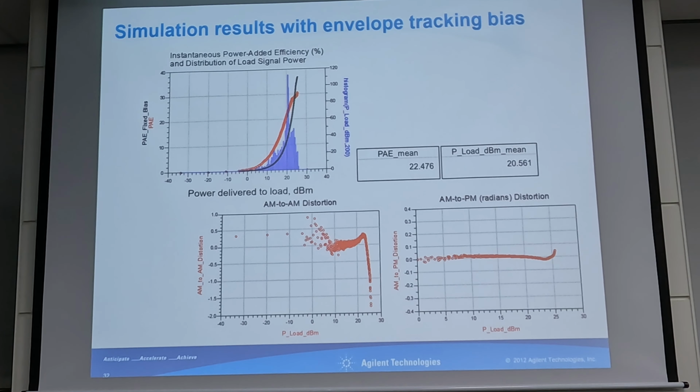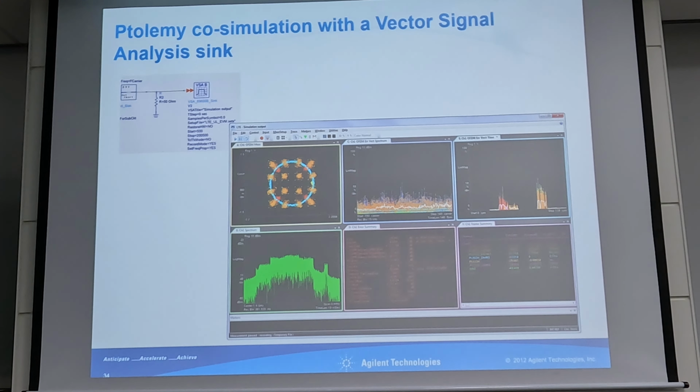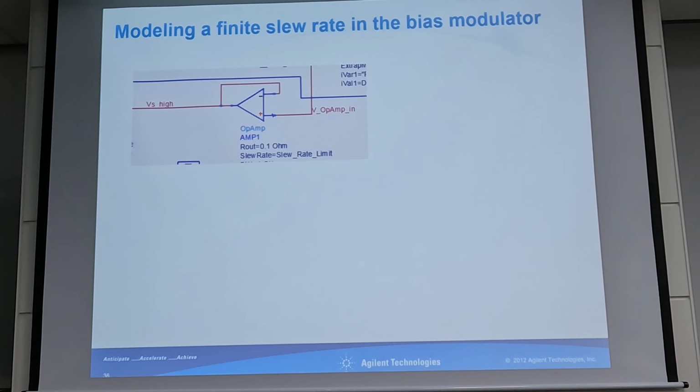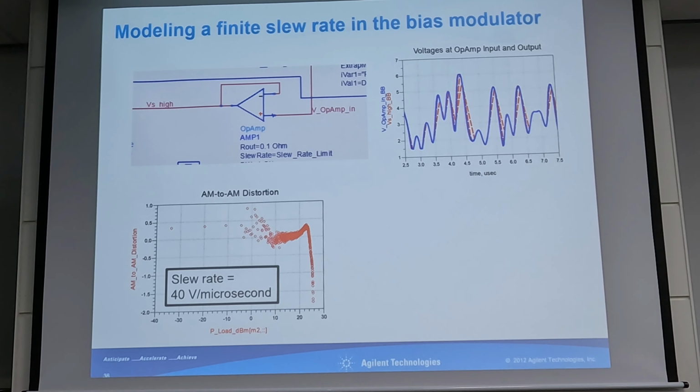And then you can introduce non-idealities. You can introduce a finite slew rate in the bias modulator, and that will distort the signal.